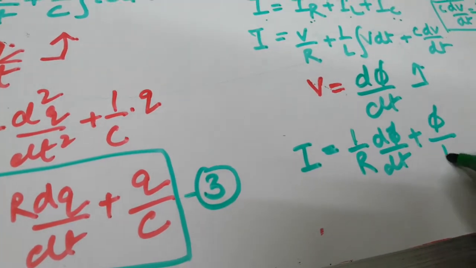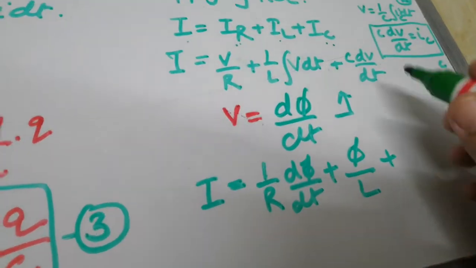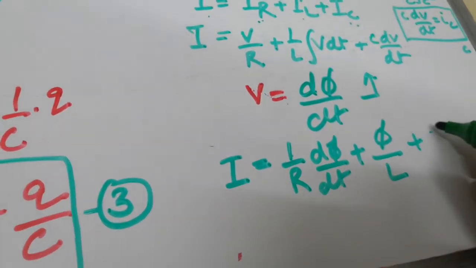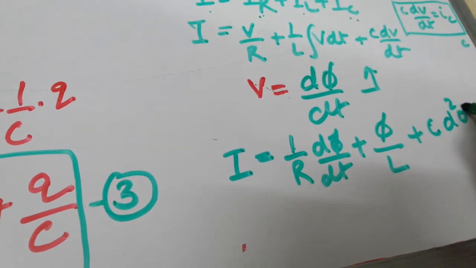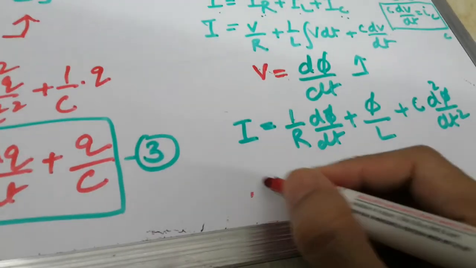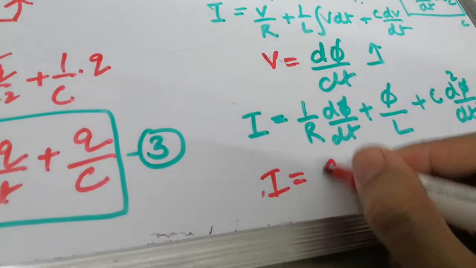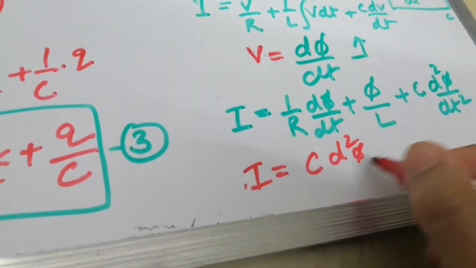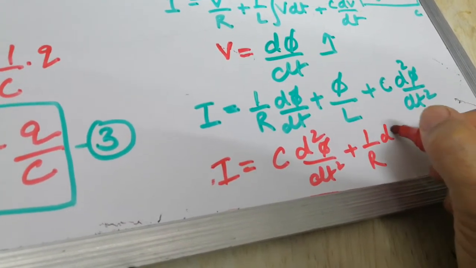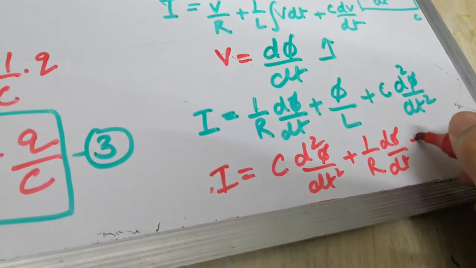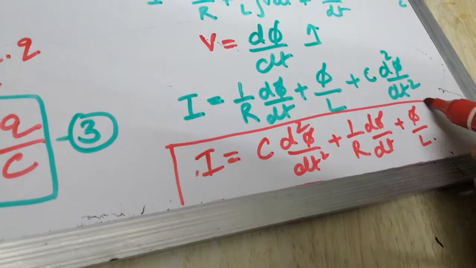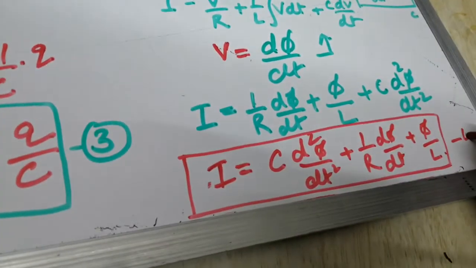So it equals phi upon L plus, this will make it d square by dt square, so it will be C d square phi by dt square. Rearranging the whole equation again, we get I equals C d square phi by dt square plus 1 upon R d phi by dt plus phi by L. So this becomes my equation number 4.